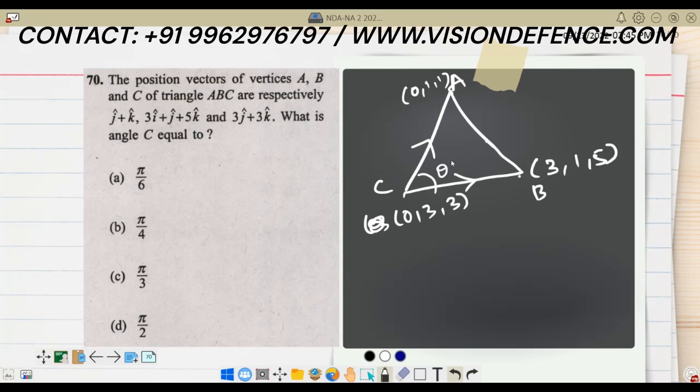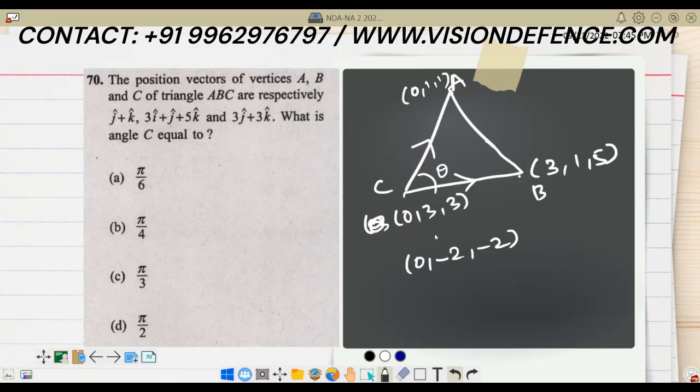We can use the values to find the direction ratios of this and this, make it equal to cos theta, and then find theta. So the direction ratio of AC is 0, minus 2, minus 2.